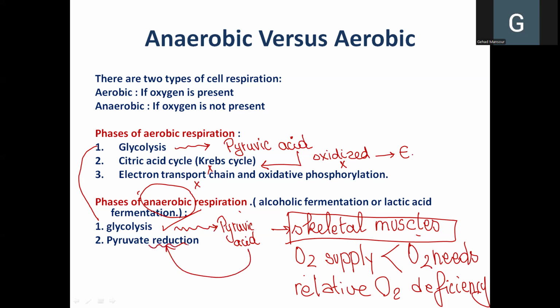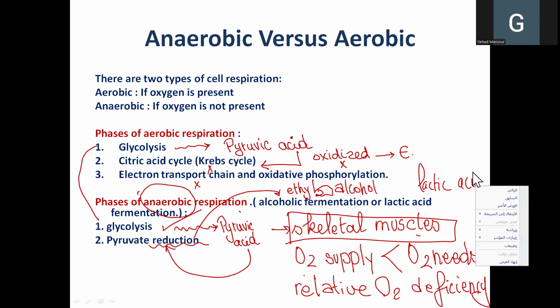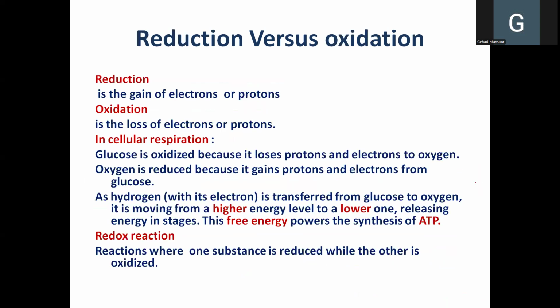And instead of this, pyruvic acid will undergo reduction. Reduction into what? Into either ethyl alcohol, in which case the process will be called alcoholic fermentation, or into lactic acid, in which case the process will be called lactic acid fermentation.